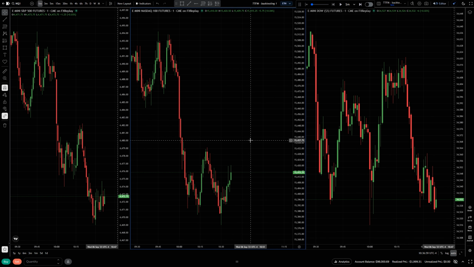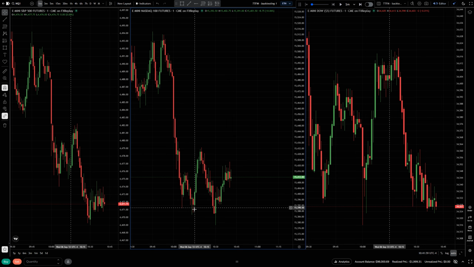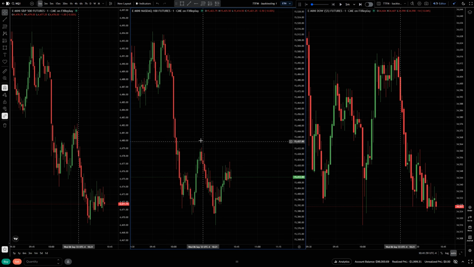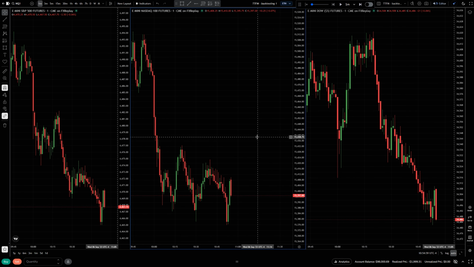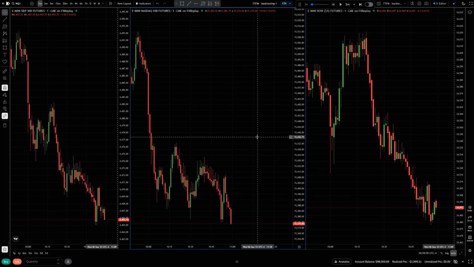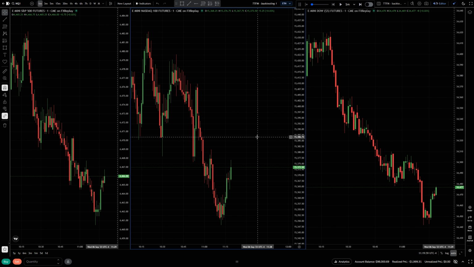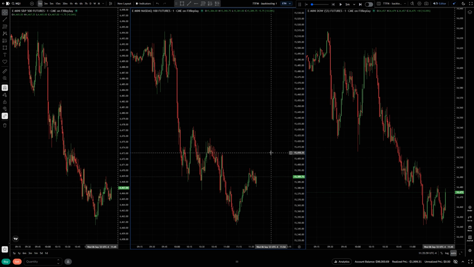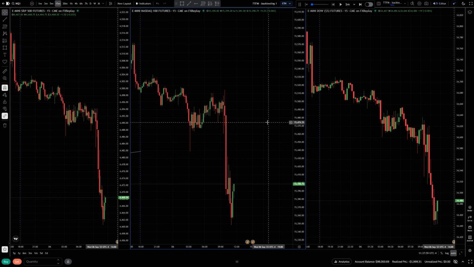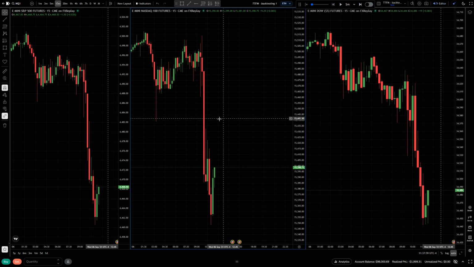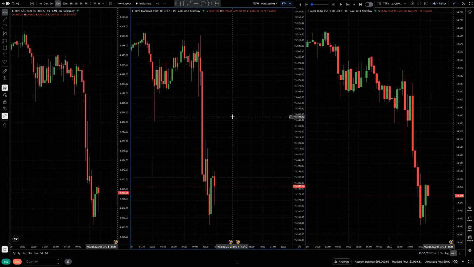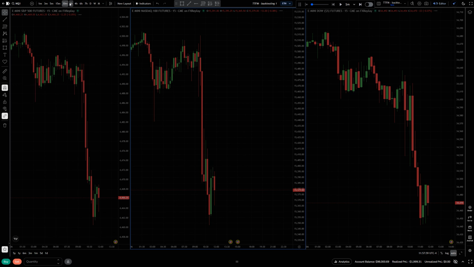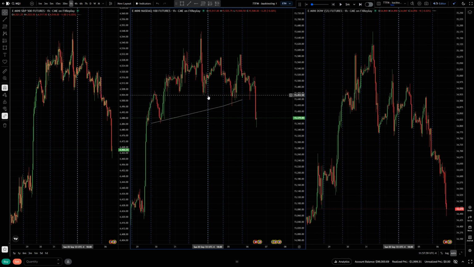Nothing I see of interest for now. We just have this range that we took out the low, and now we are looking to take the high. I'm not seeing anything I could trade, to be honest with you. Nothing.